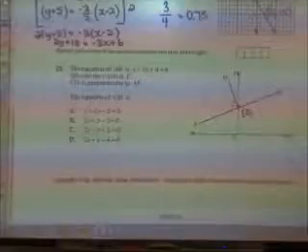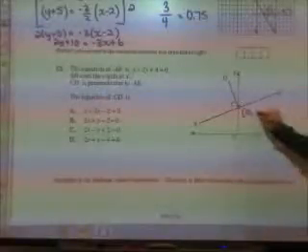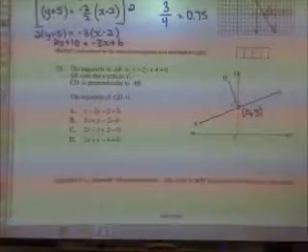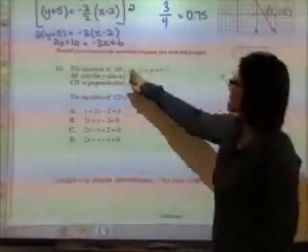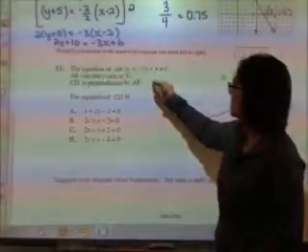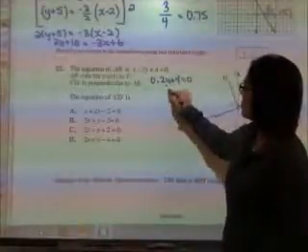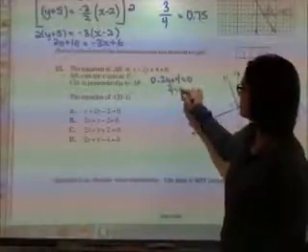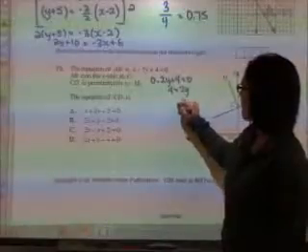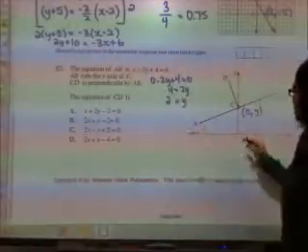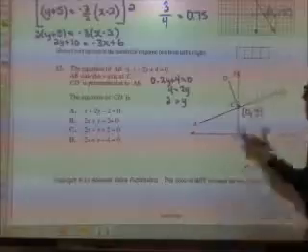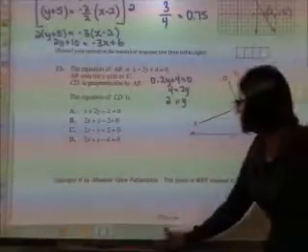The x value is equal to 0, and the y value is what I'd be solving for. So if I put it into this equation right here, let x be equal to 0, move the 2y over, divide by 2, and I get that y equals 2. So this point right here is 0 and 2.